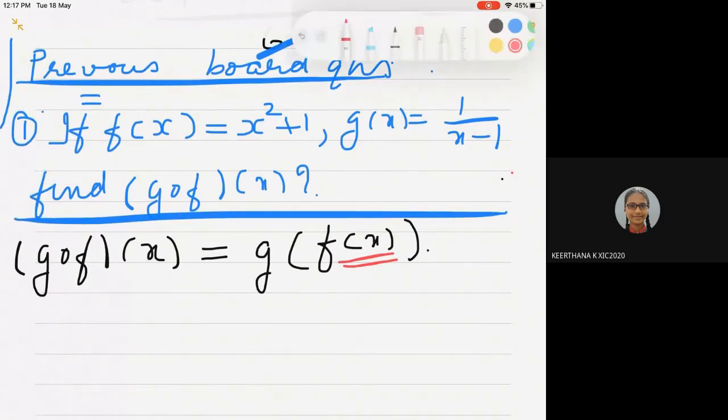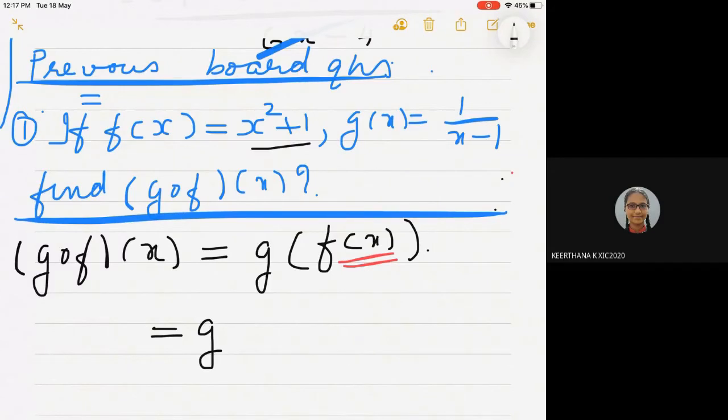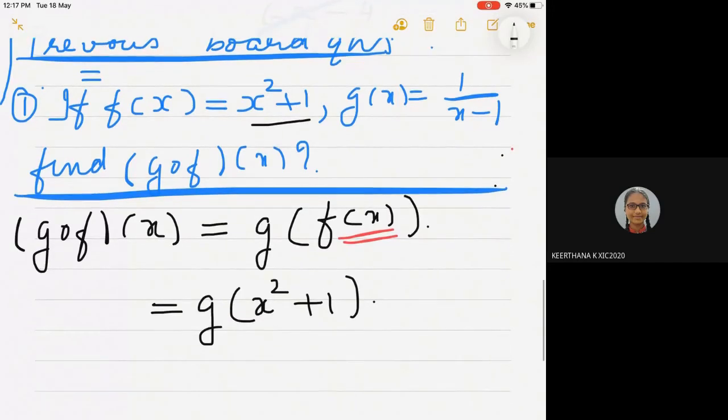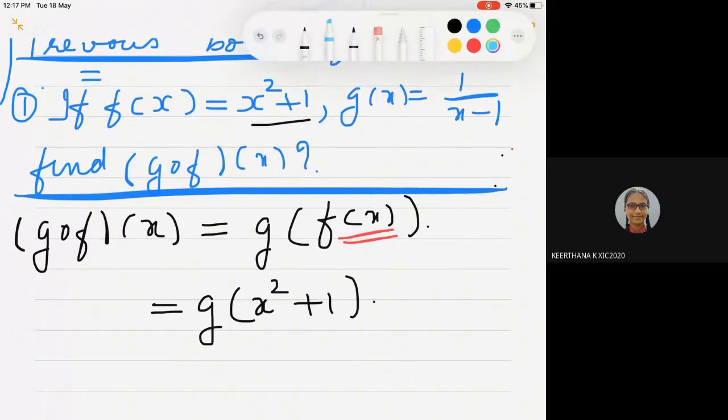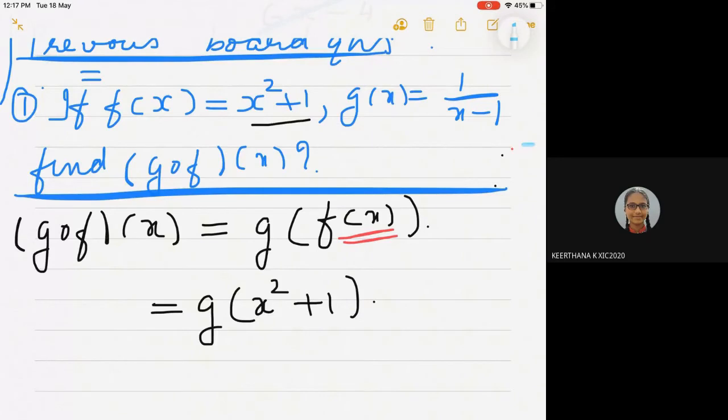So now it becomes g of, you are replacing f of x. It is coming from the question, it is x square plus 1. Next, you have to remove g of x square plus 1.